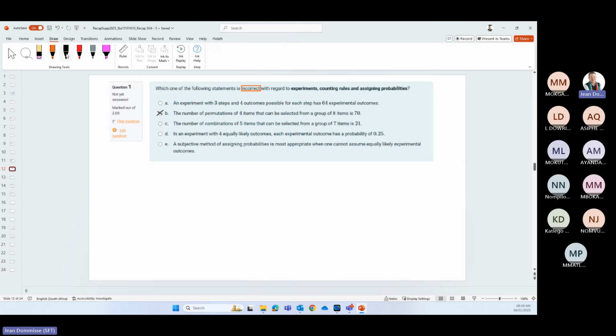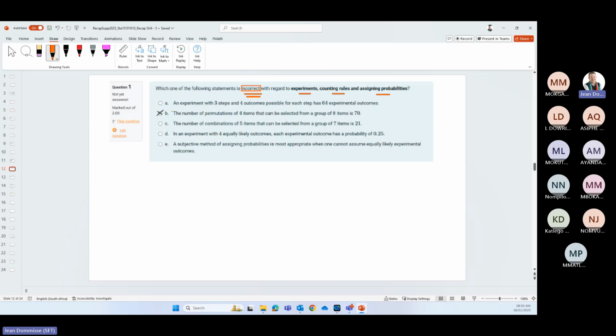So let's look at the things that they ask: which one of the following statements is incorrect? Automatically, again, be aware of that. With regards to experiments, counting rules, and assigning probabilities, the things you need to remember here are what is an experiment, and that the counting rules include permutations, combinations, those kinds of things.